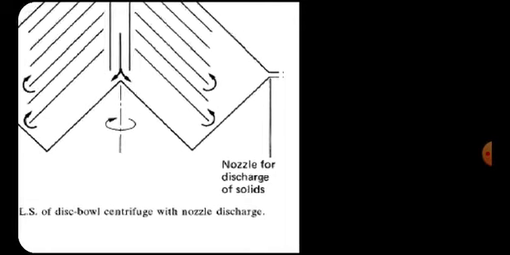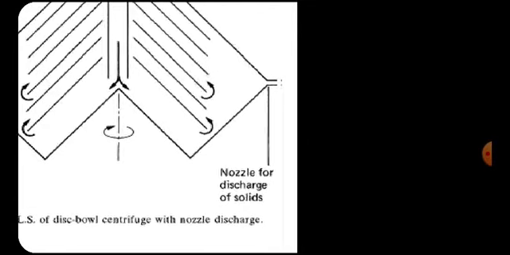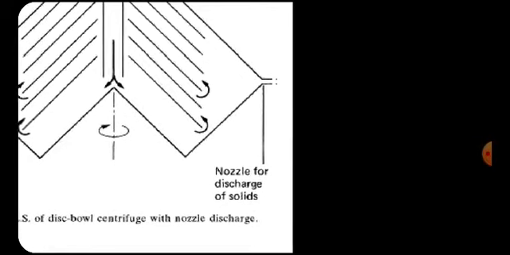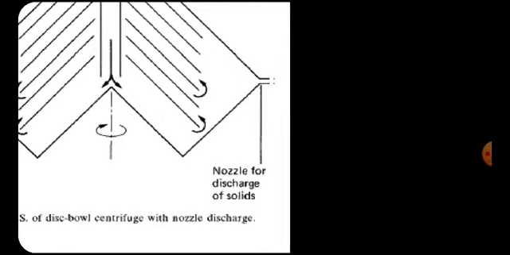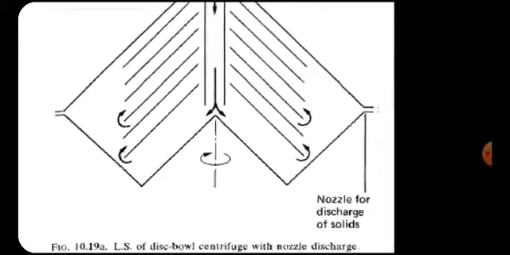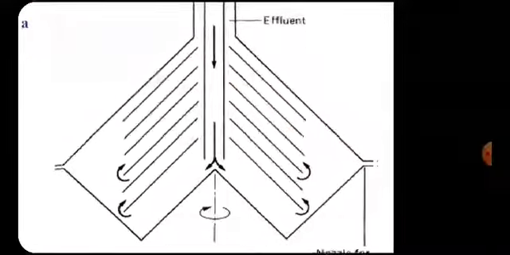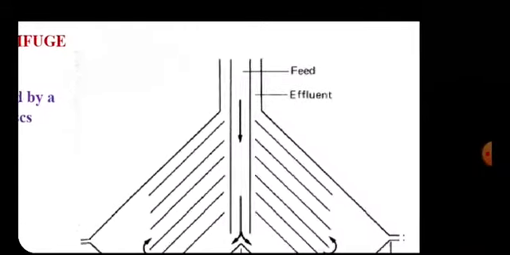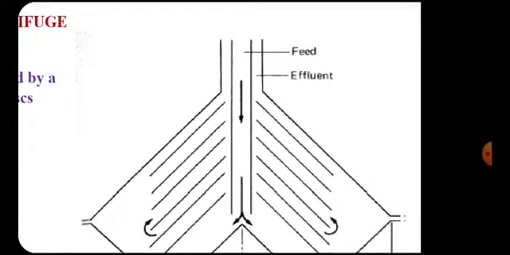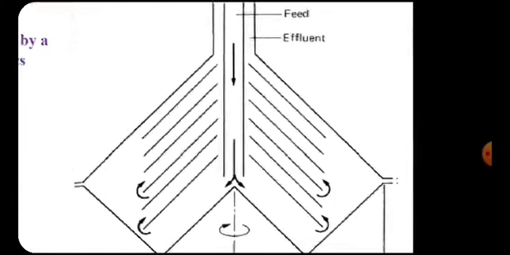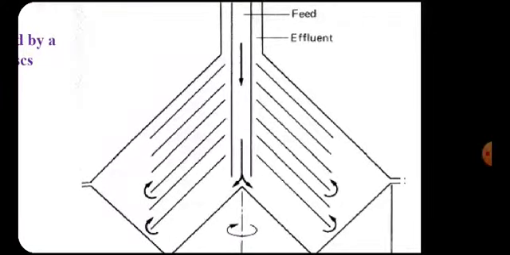That means the solids are thrown out along the wall of this disc bowl centrifuge. And you can see the feed coming inside, shown by the black arrow, and again it takes a circuitous route, shown by the black arrows.